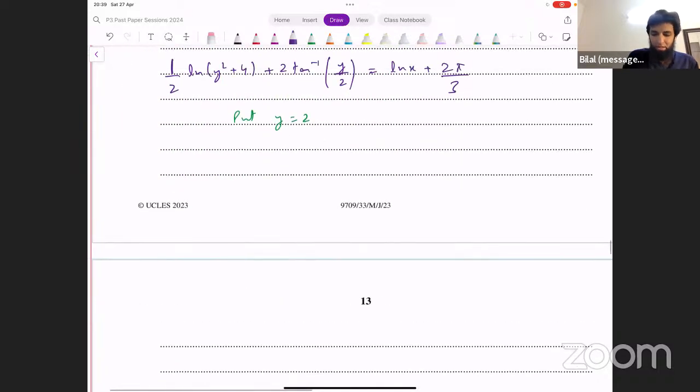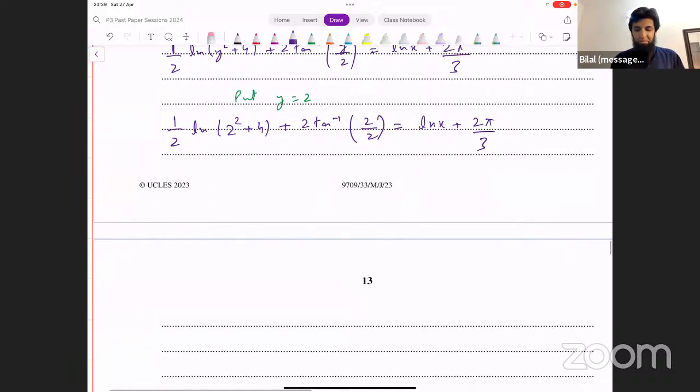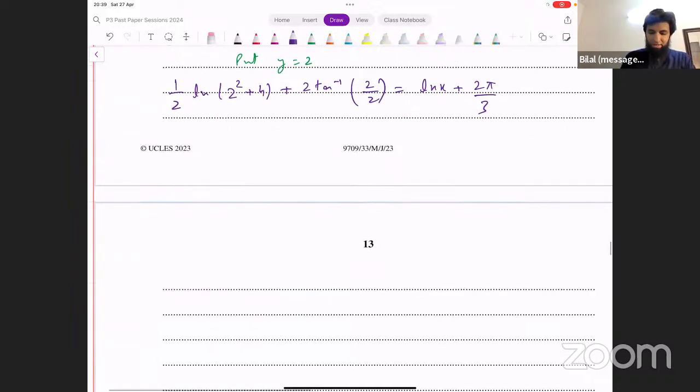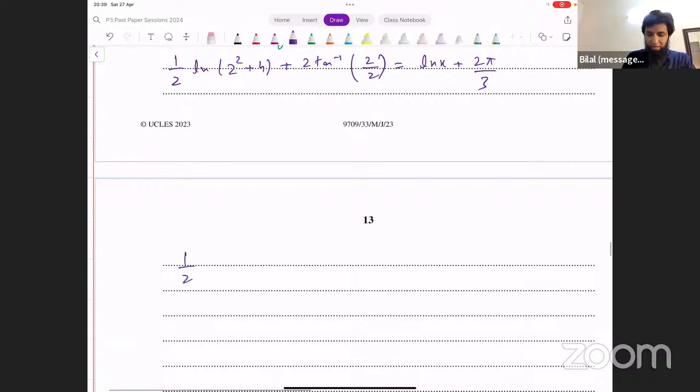Yeah. What do we get? 1 over 2 into ln of 2 squared plus 4 plus 2 tan inverse of 2 over 2 equals ln x plus 2 pi over 3. What does that give us? Half ln of 8 plus 2 tan inverse of 1.